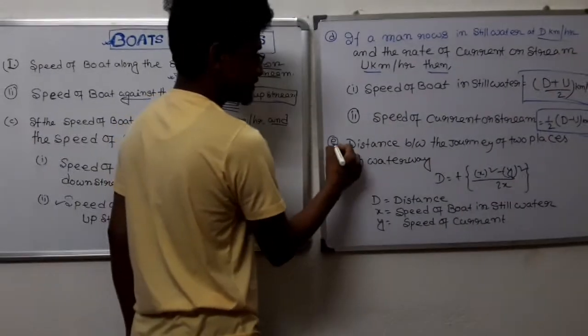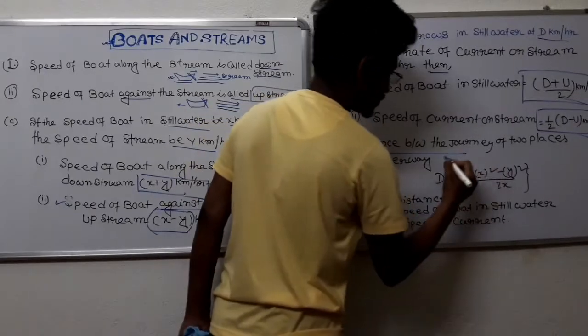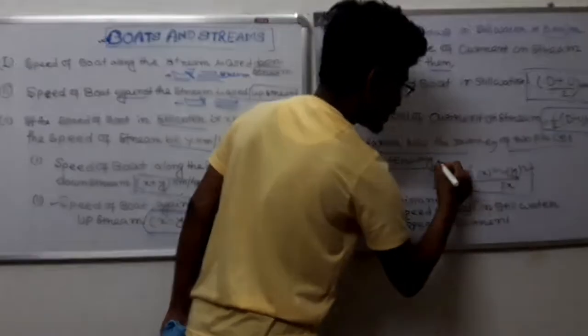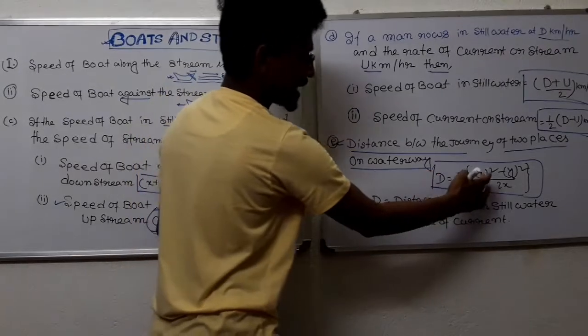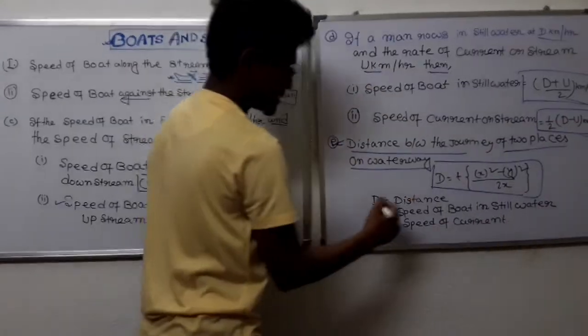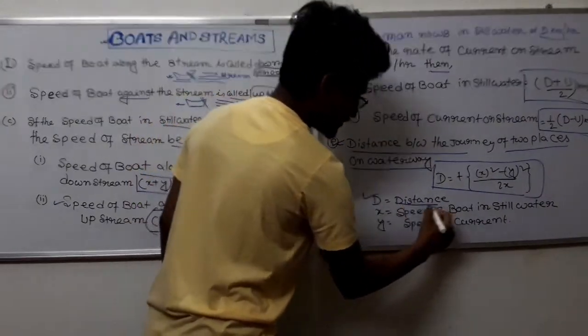So the distance between two places on a waterway, d equals t into (x square minus y square) by 2x. Here d is the distance, x is the speed of the boat in still water and y is the speed of the current.